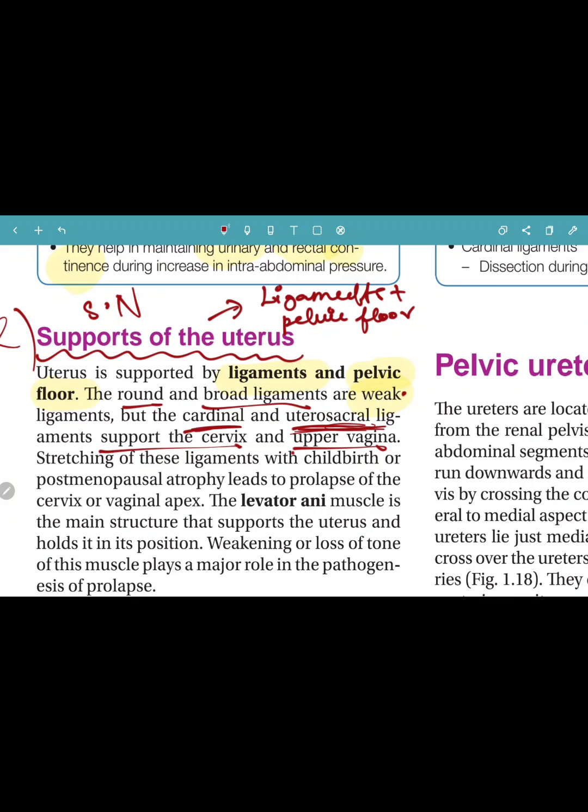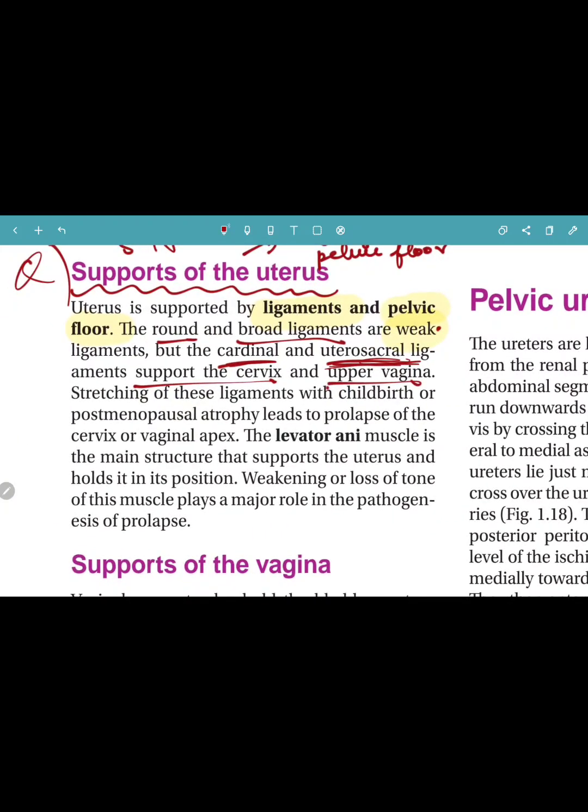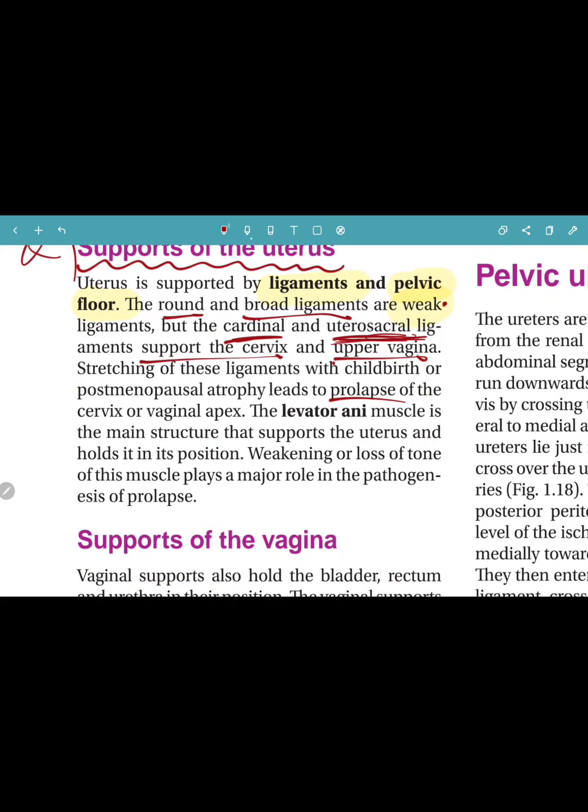So your round and the broad ligaments of the uterus are weak ligaments, whereas your cardinal ligament, your McEnroe ligament as well as your uterosacral ligament will be supporting the cervix and the upper vagina properly. So stretching of these ligaments with childbirth or postmenopausal atrophy leads to prolapse of the cervix or the vaginal apex. Now the pelvic floor mainly consists of the levator ani muscle.